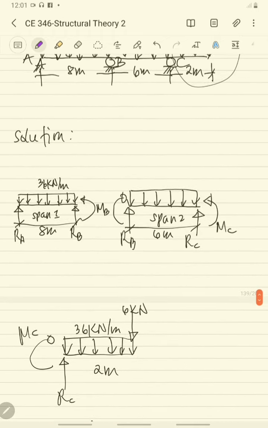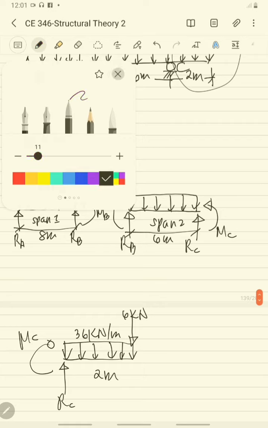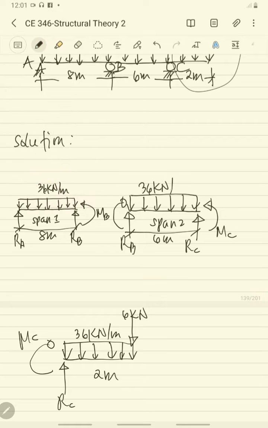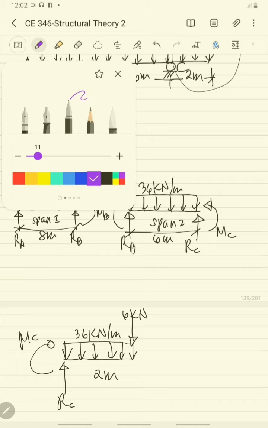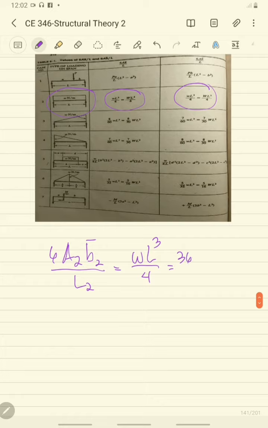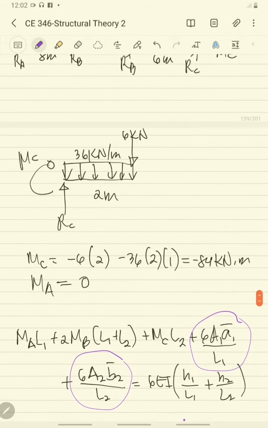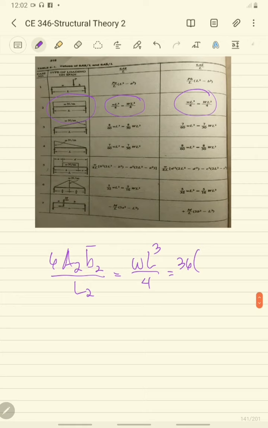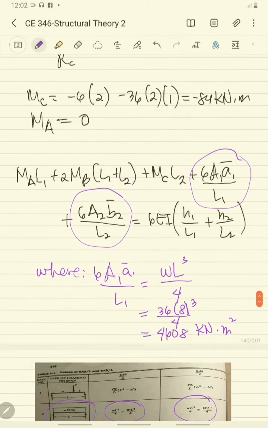For the span 2, you have 36 kilonewton per meter, so that is the load. Then the span is equal to 6 meters. So you have 36 times 6 cubed divided by 4. So you have 1944 kilonewton meter squared. So this is now our value.